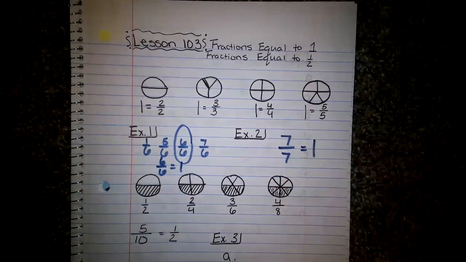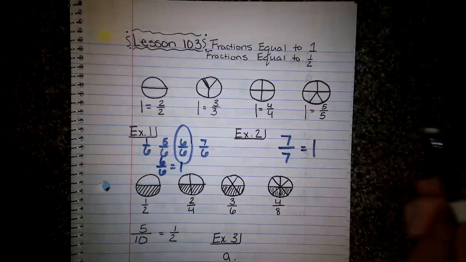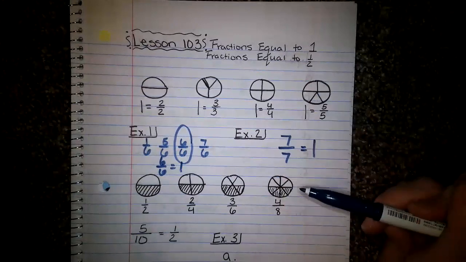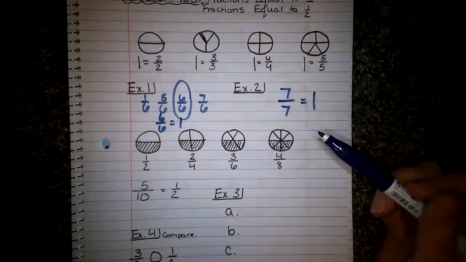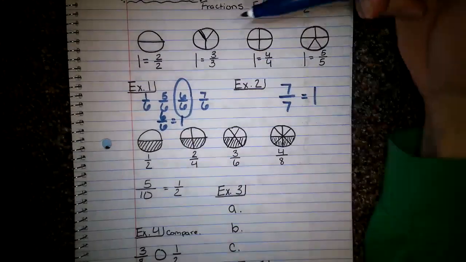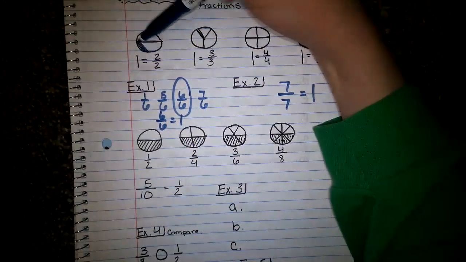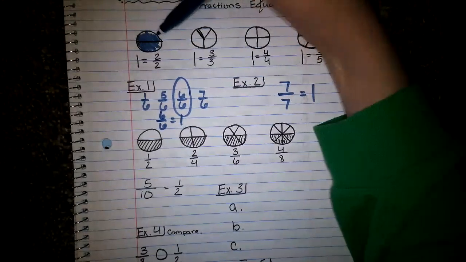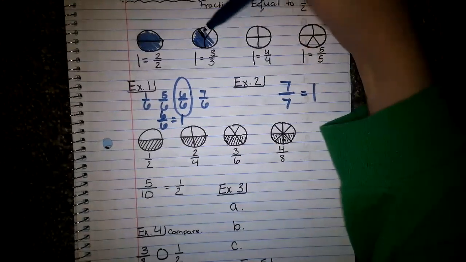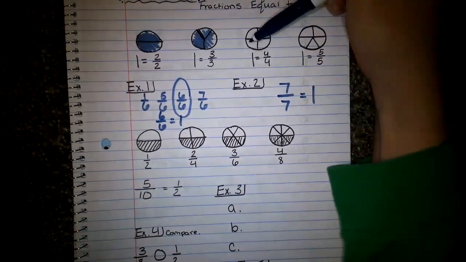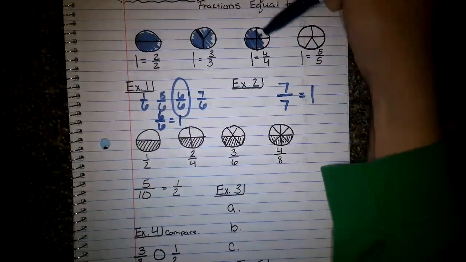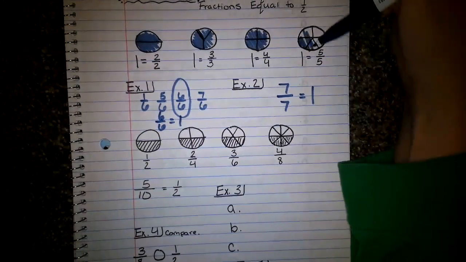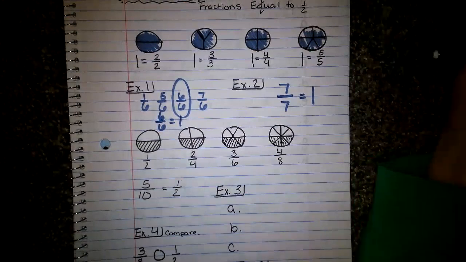Nice. Okay, now, if the numerator of the fraction is half of the denominator, then the fraction is equal to 1/2. So down here, oh, and mind you that these are all supposed to be colored in up here, but you should also be looking in your book. Okay, so remember that if you have 5 out of 5 parts, so on.